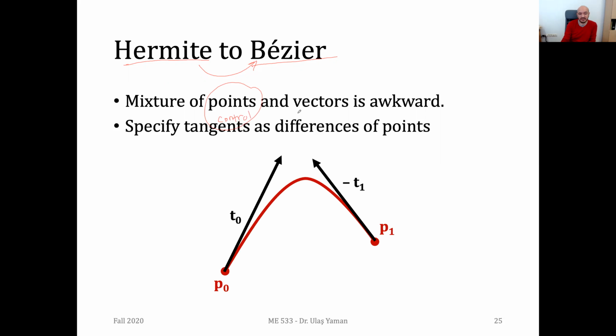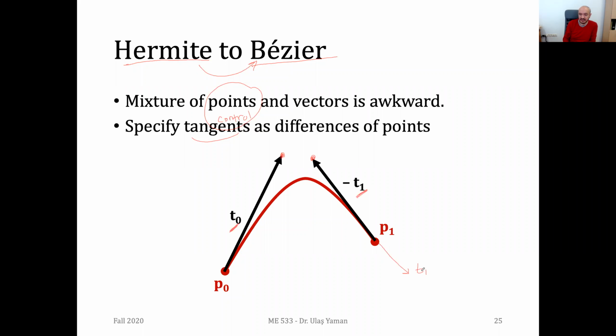So now we are going to represent these tangents by using some extra points. These extra points will be around here, for instance. This is the original tangent vector T0, and this is the reverse of the original tangent vector. Initially, if you remember, that should be in this direction.